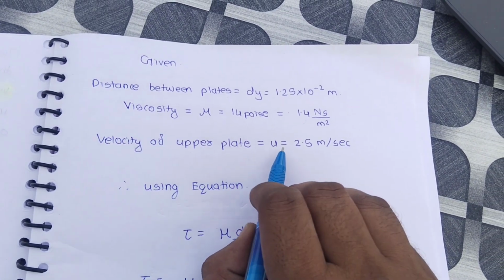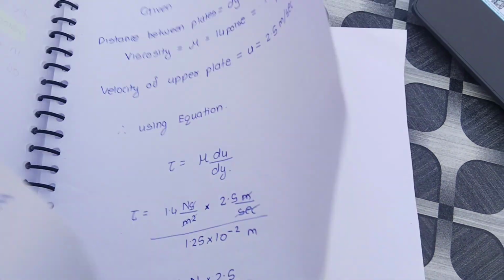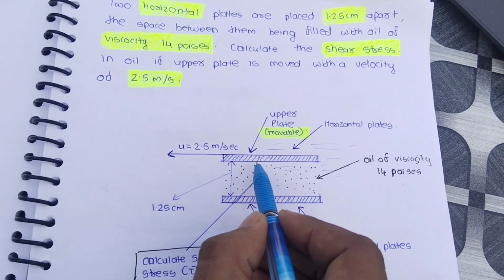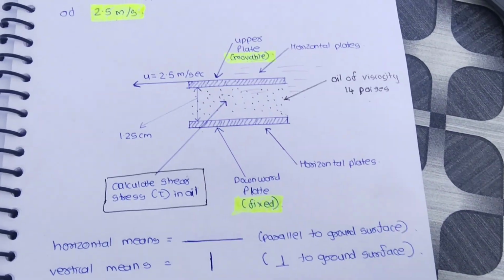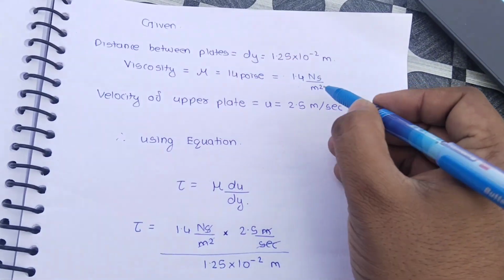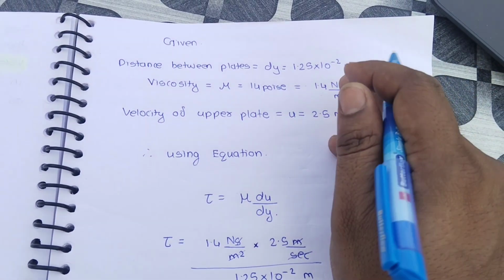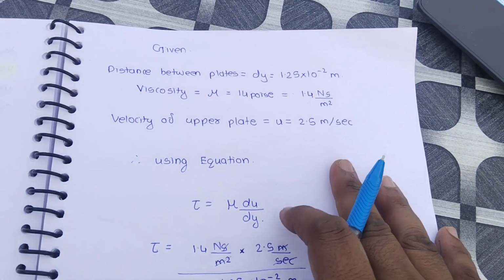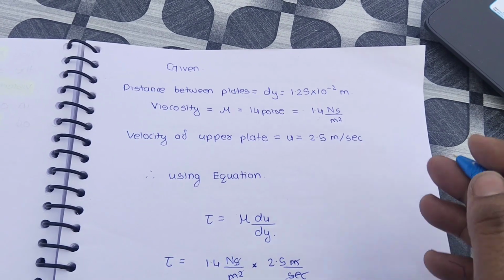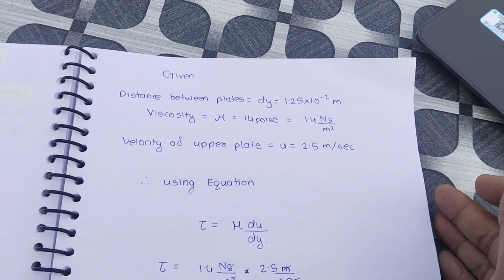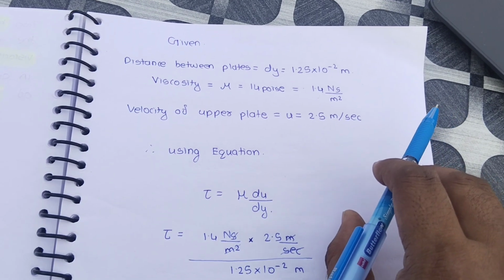Velocity of the upper plate u equals 2.5 meter per second. Everything given should be in meter. If it is in mm or centimeter, we have to convert it into meter. So we have converted all the given values into meter.